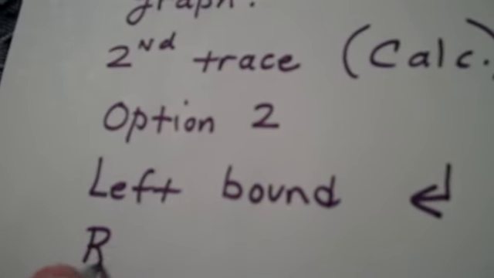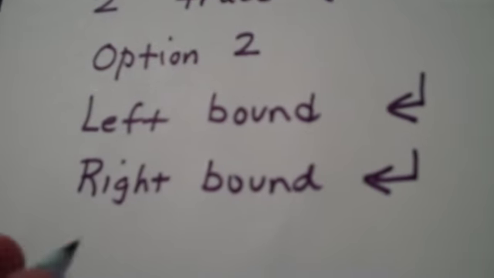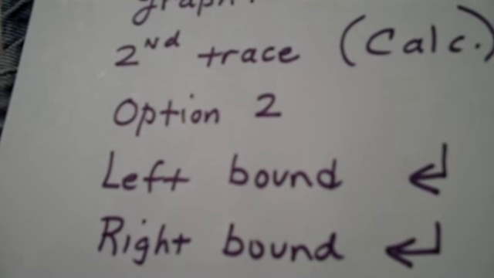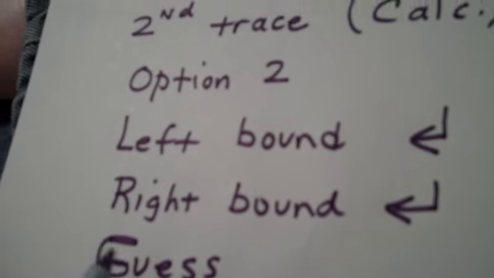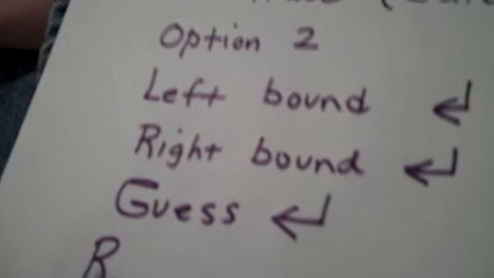I set my right bound and I hit enter. And then I guessed, which means I put my spider right on or as close to the x-intercept as I could, and I hit enter, and then you read your answer.